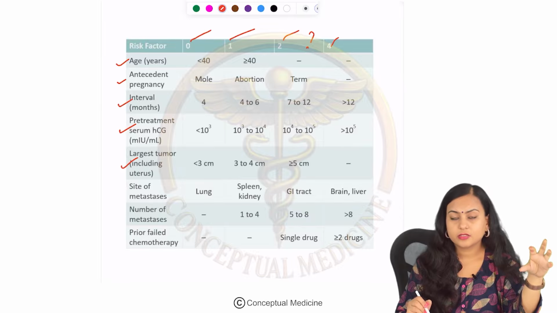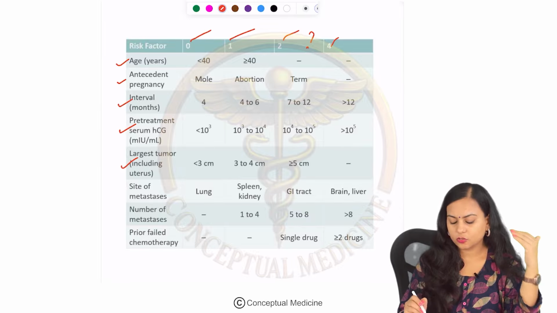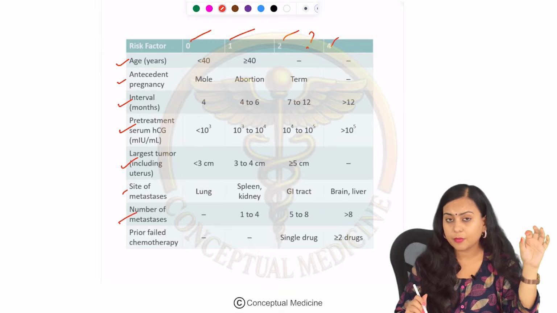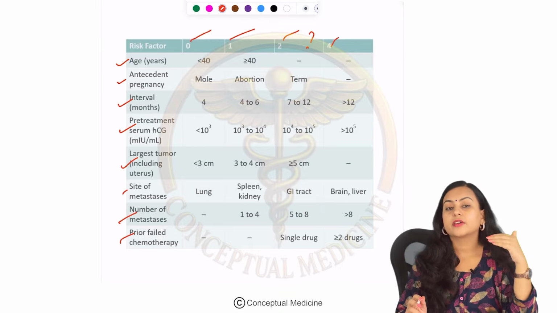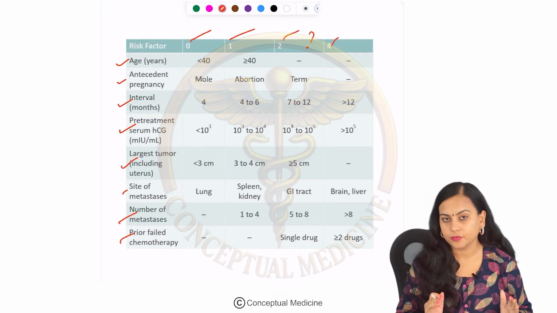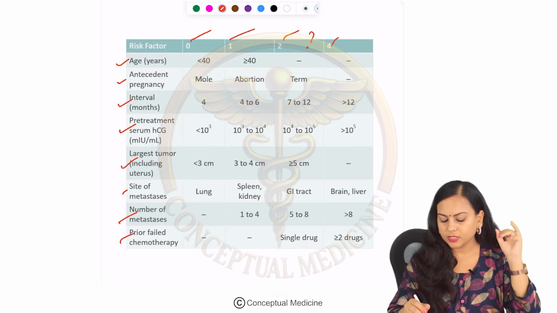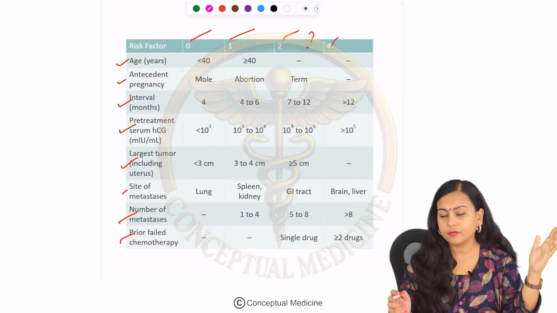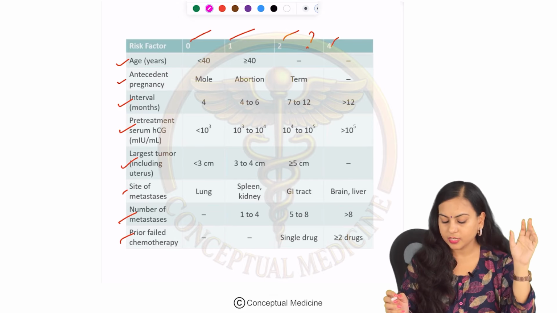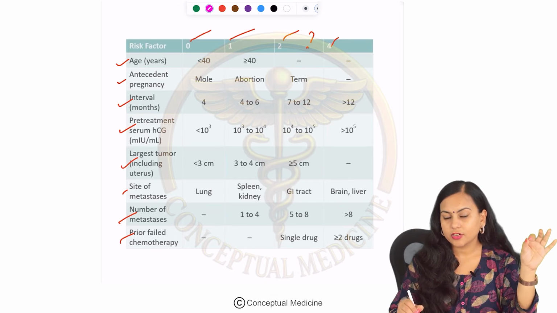Then you will be checking for the largest tumor size, then the site of metastasis, the number of metastases you have, and if there is a history of prior failed chemotherapy. All these risk factors are considered. So the score will be given from 0, 1, 2, 3 is not there, 4, and these are all the risk factors, right?